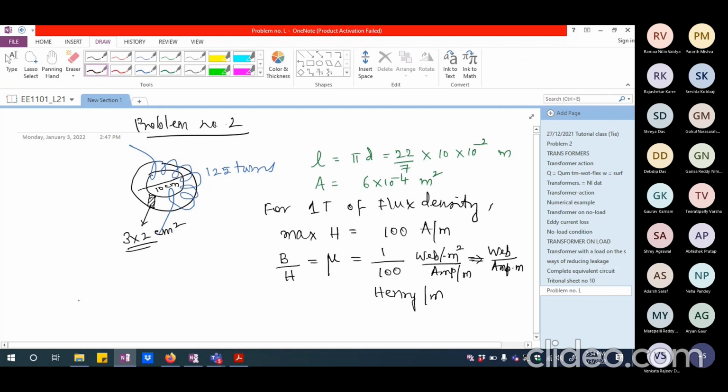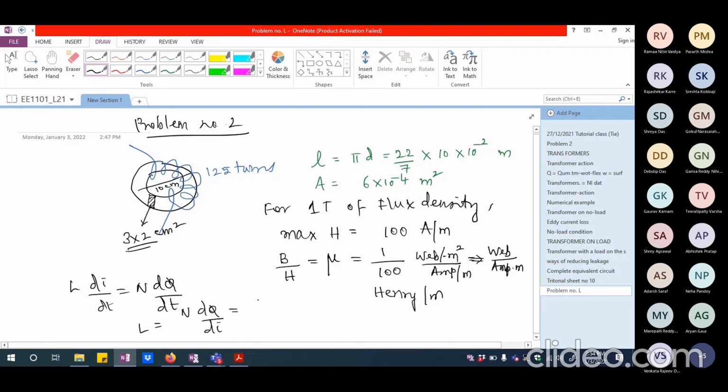You remember the relationship we wrote? L di by dt is equal to N d phi by dt, from which we wrote L equal to N d phi by di.